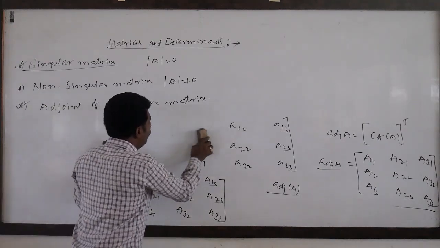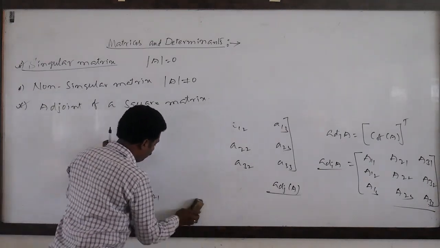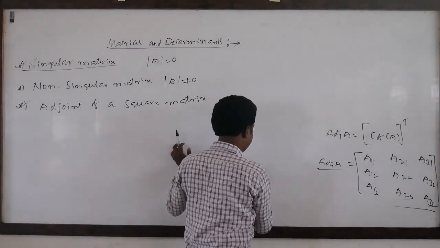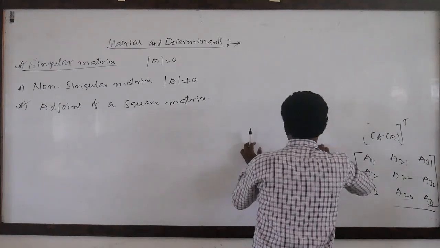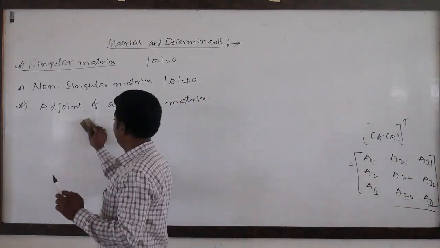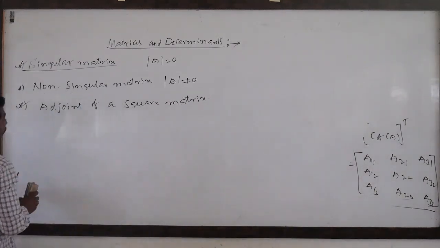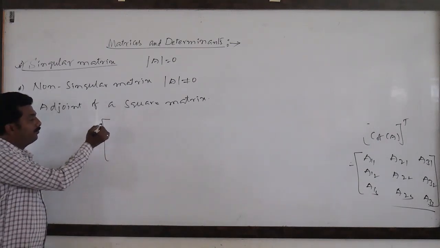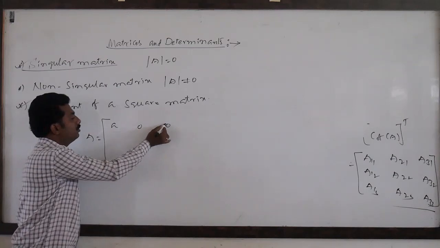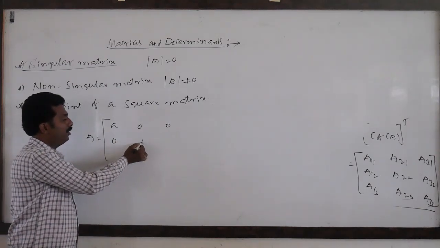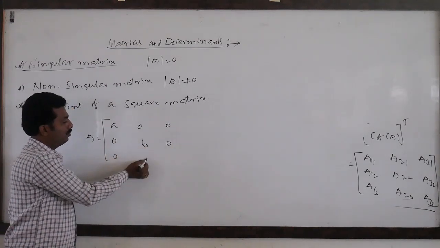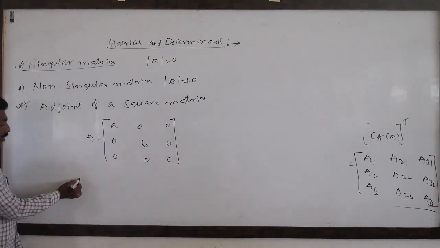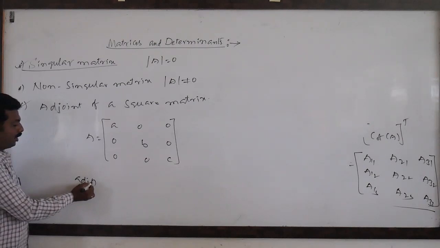What is the adjoint of a diagonal matrix? Suppose one matrix A, if I take A 0 0, 0 B 0, 0 0 C. So how to calculate adjoint of A?